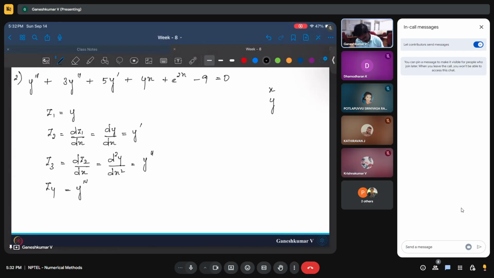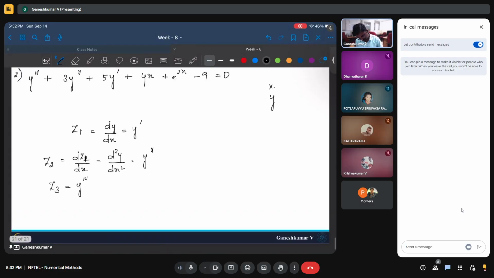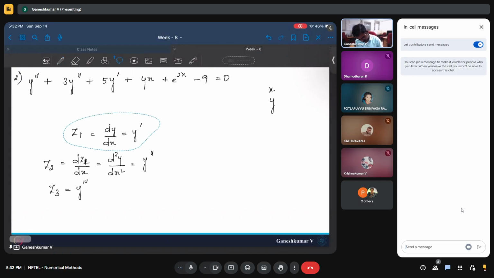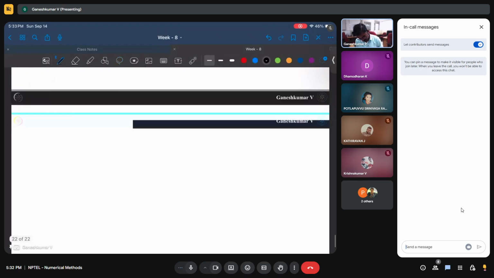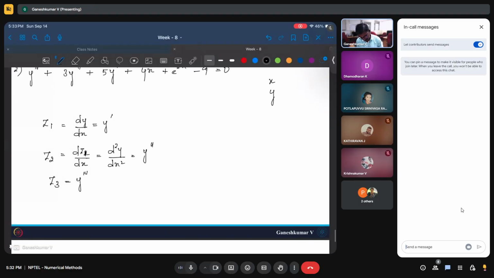We'll write it like this for easier understanding. So z1 is y, z2 is dy by dx, which is y dash. Or you can do it the previous way also, whatever I said.